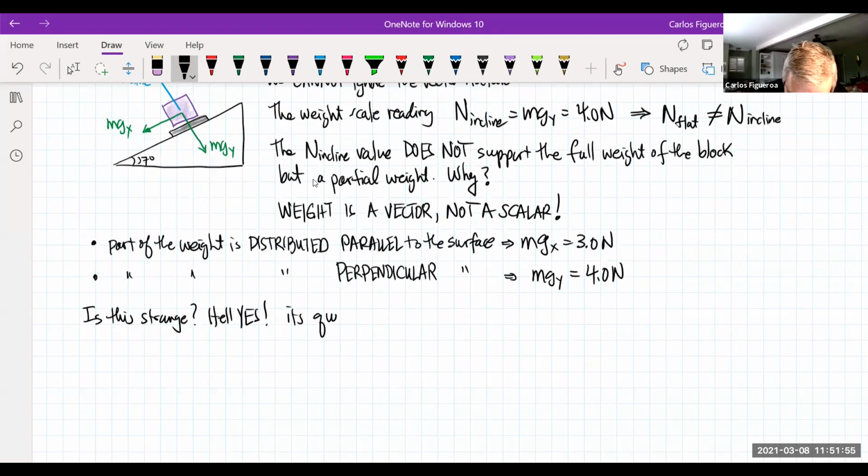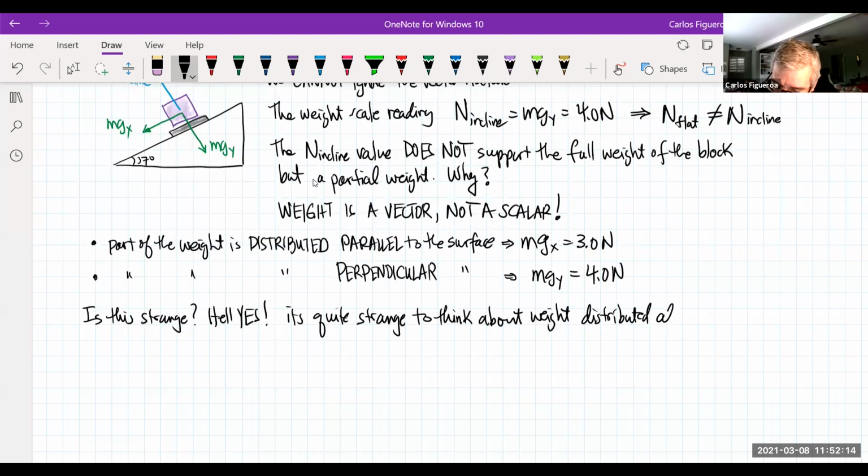It's quite strange to think about weight distributed along two directions.